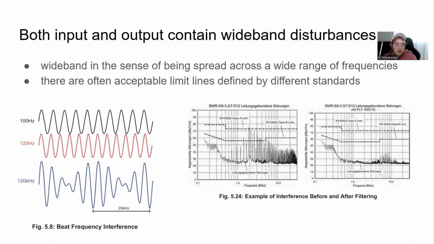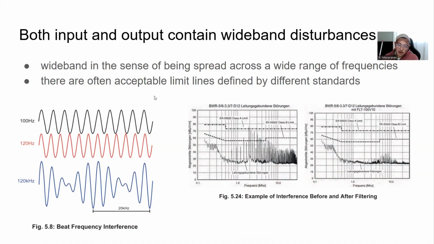So both the input and output contain wideband disturbances. And on the right here is an example of a switching converter and looking at how much noise is being coupled back onto the connectors, right? So this is a form of interference that's actually leaking out into the world outside of your DC to DC converter. And this is often unacceptable, right?